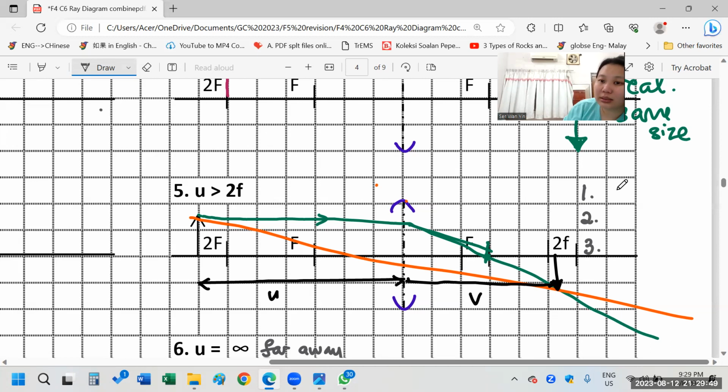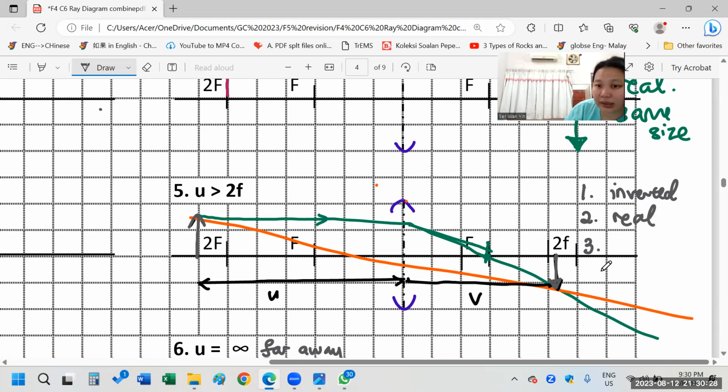So number one is they are inverted. Number two, inverted means real. Number three, how about the size? 大还是小？表变小还是变大？原本是 one and a half，这个变成 one. So actually it becomes smaller.